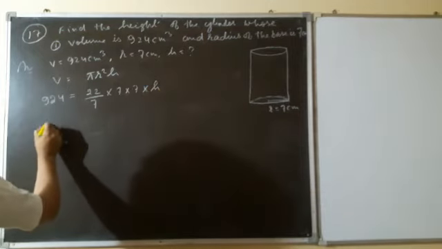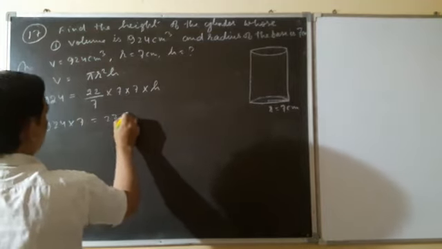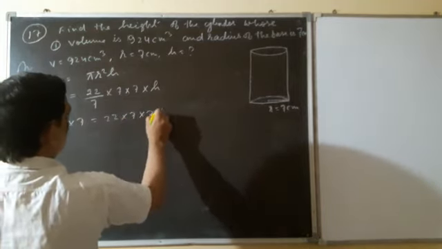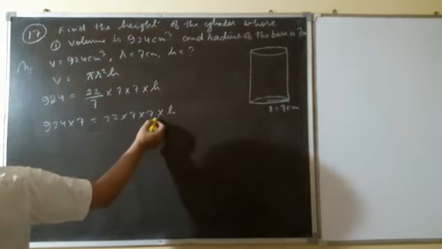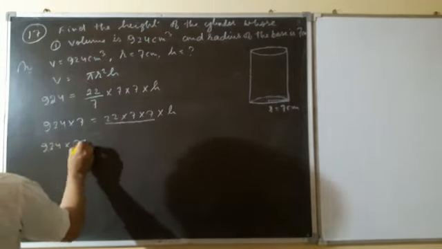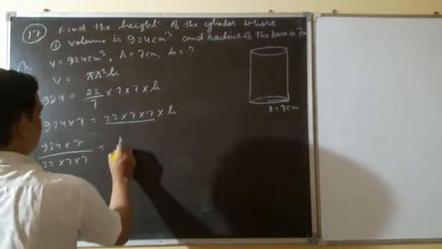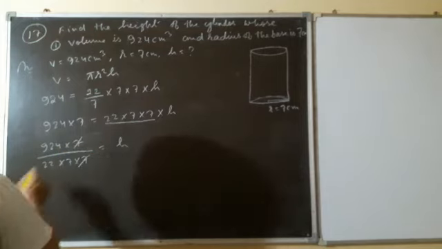Now we will do cross multiplication: 924 into 7 is equal to 22 into 7 into 7 into height. Now we will transpose this number to this side. So it will be 924 into 7 upon 22 into 7 into 7 is equal to h. So this 7 will cancel out.